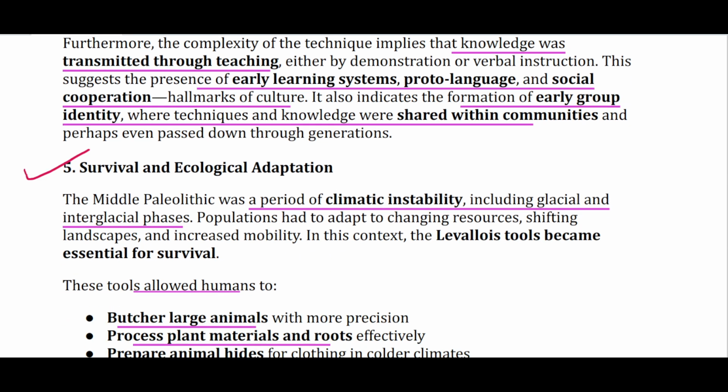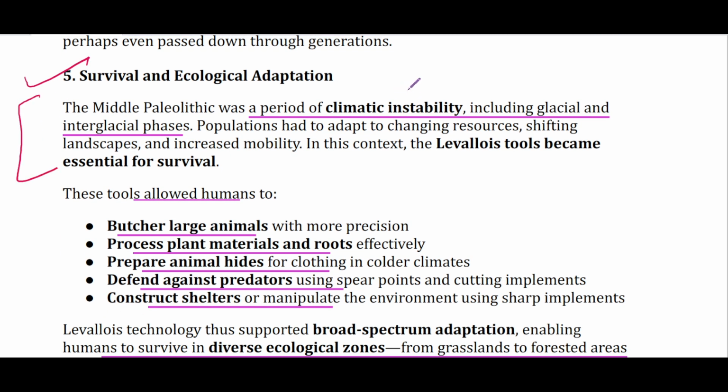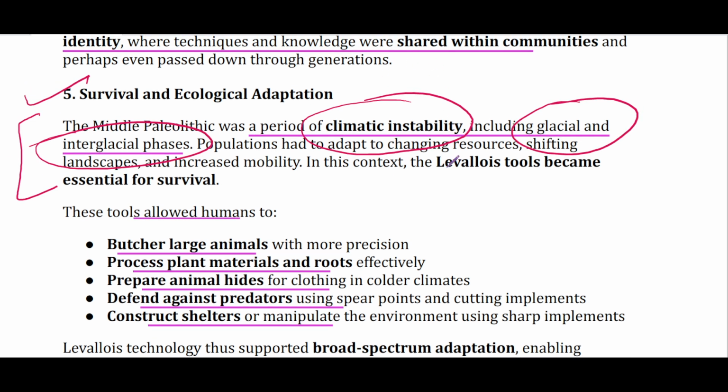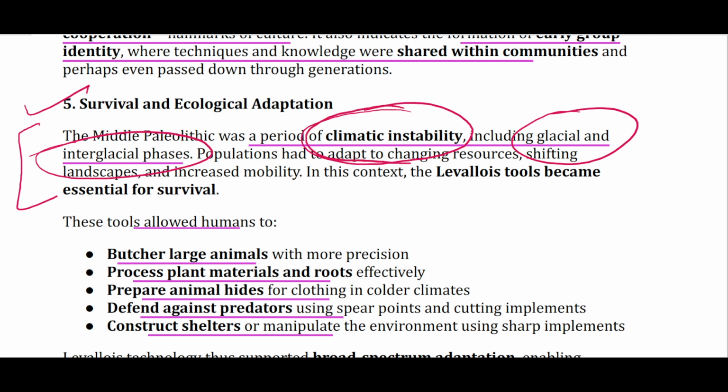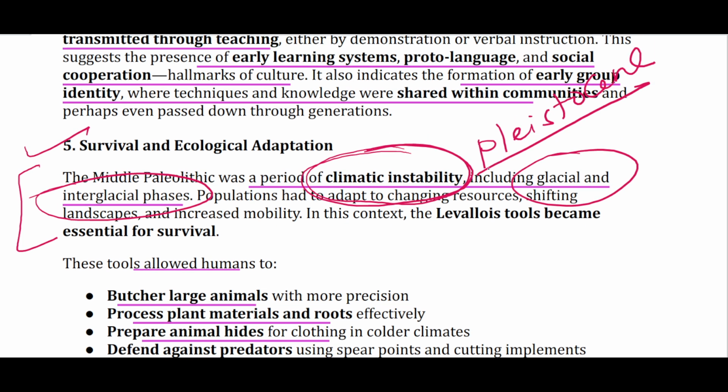And now, the survival and ecological adaptation. So, Middle Paleolithic was also a period of climatic instability, which included glacial and interglacial phases, जो अभी आपको बताया, because the Paleolithic period also coincided with the geological milestone, the Pleistocene epoch. And the Pleistocene epoch was a period of glacial and interglacial ages.